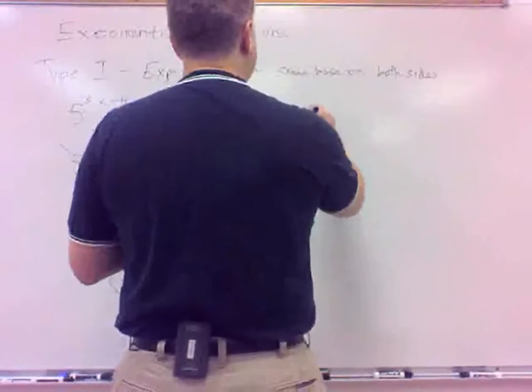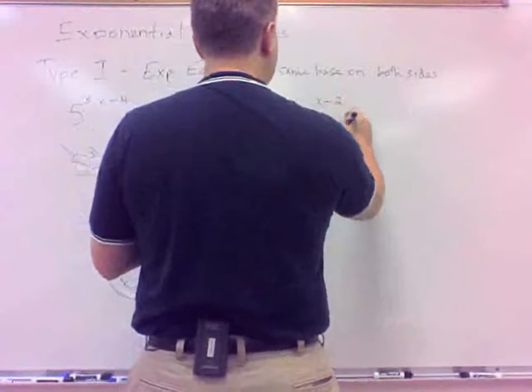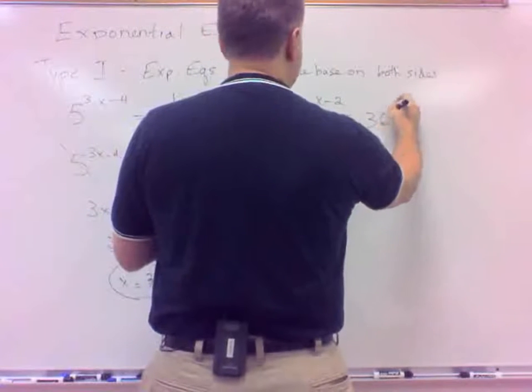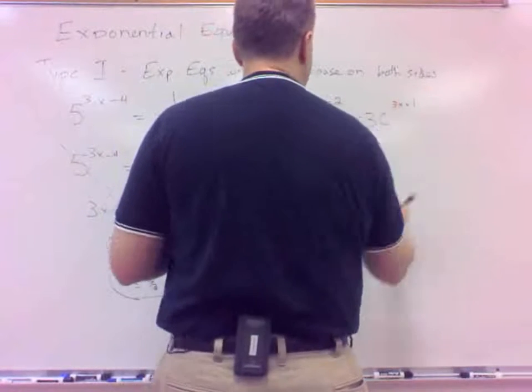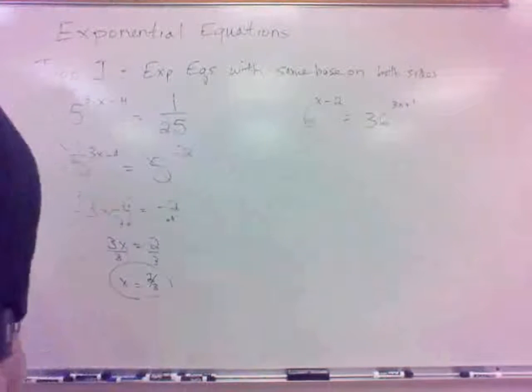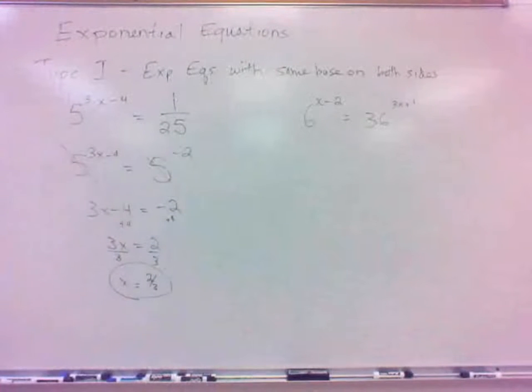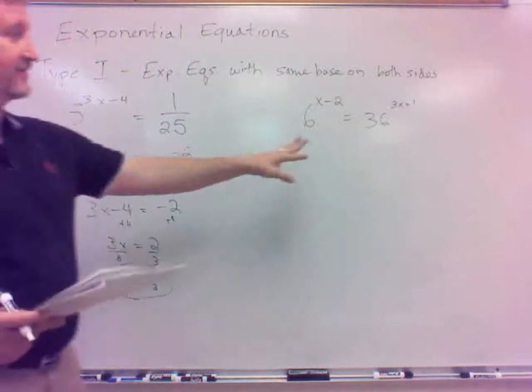All right, what if I have 6 to the x minus 2 equals 36 to the 3x plus 1? Well, I can't cancel the bases there because I've got 6 and I've got 36.